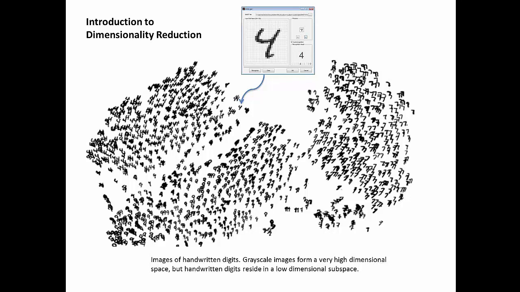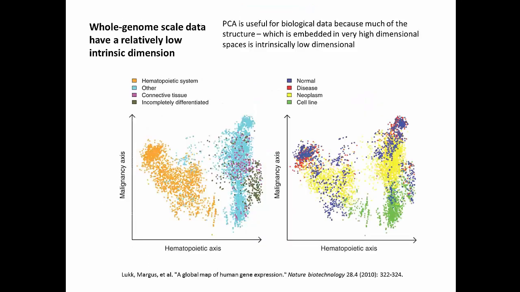Even though they reside in very high-dimensional spaces, biological systems are highly constrained, with lots of structure. Even though they're embedded in a very high-dimensional space, the structure in the data resides in a low-dimensional manifold, and this is why, for example, principal component analysis is useful in biology.